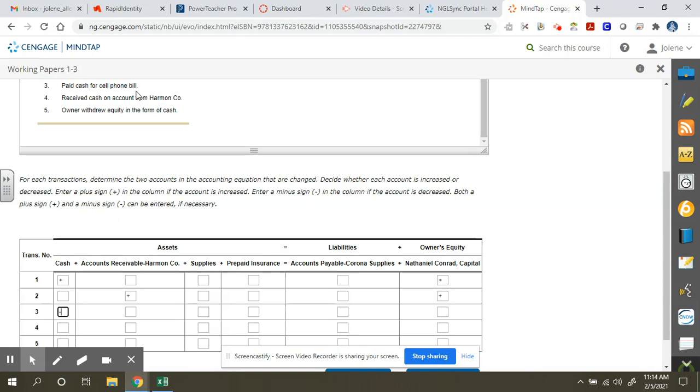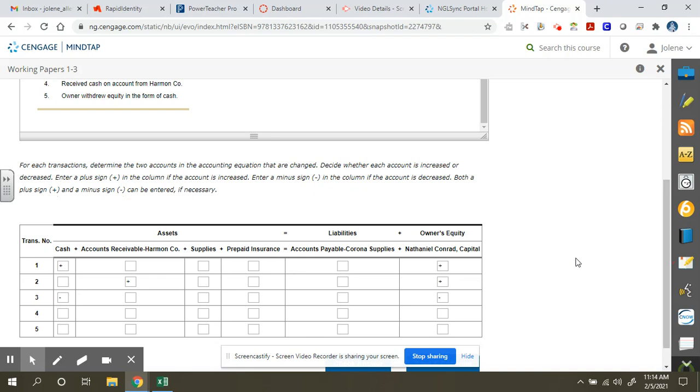Cell phone bill expenses come straight from the money that the owner has in the business. So the sales pay for the expenses. You see that? Sales pay for the expenses.